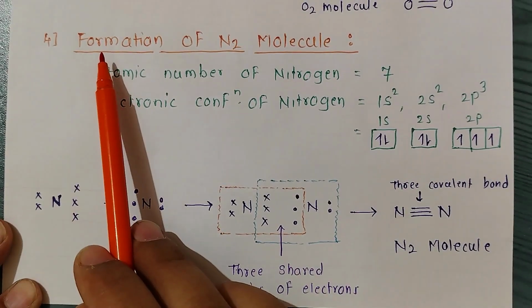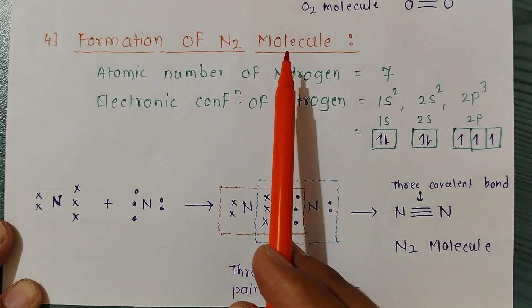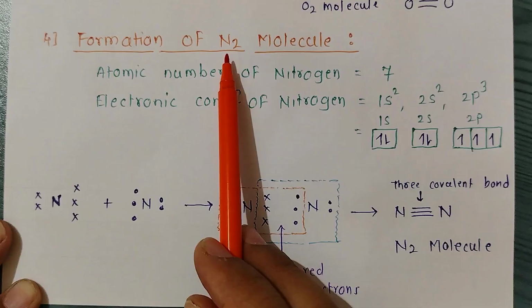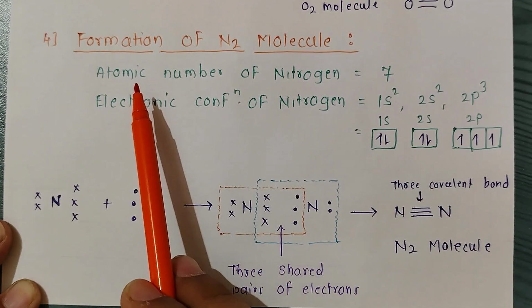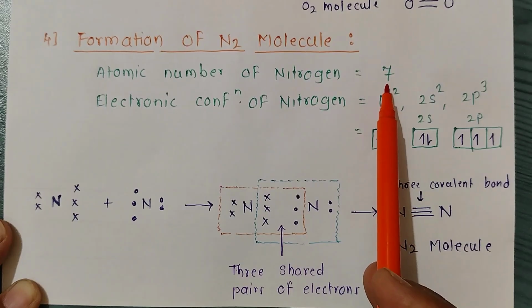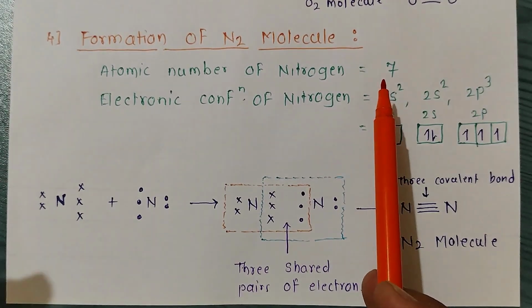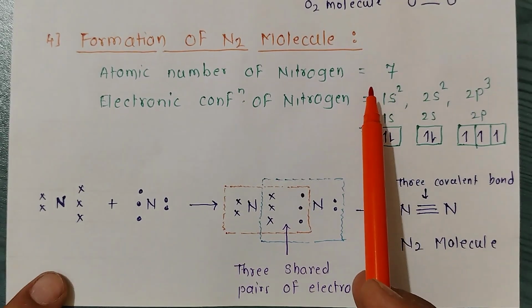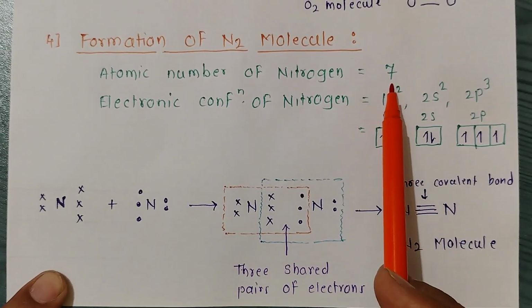So here is an example of the formation of the nitrogen molecule. As we know, the nitrogen molecule is formed by the combination of 2 nitrogen atoms. So here we must know the atomic number of nitrogen, which is 7. Means in nitrogen 7 electrons are present.